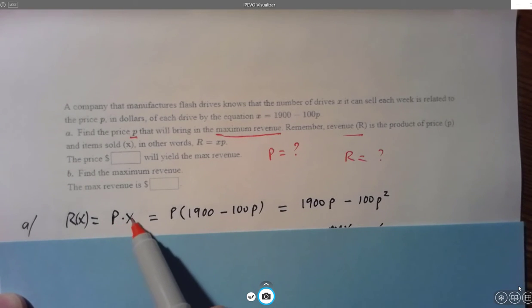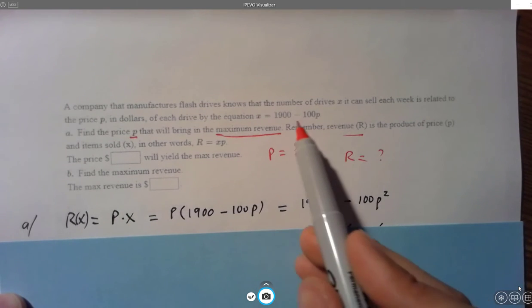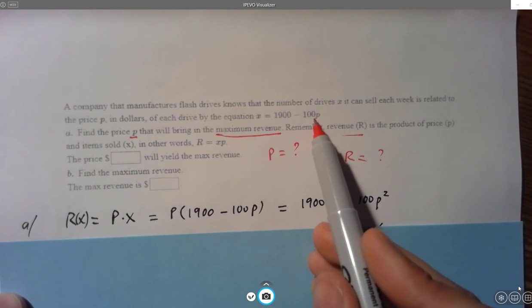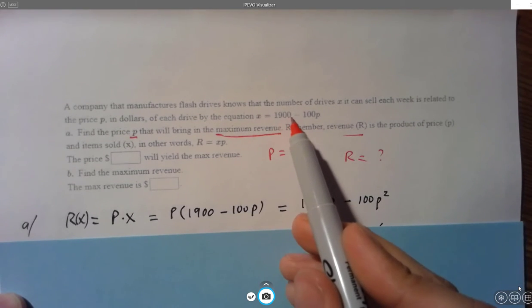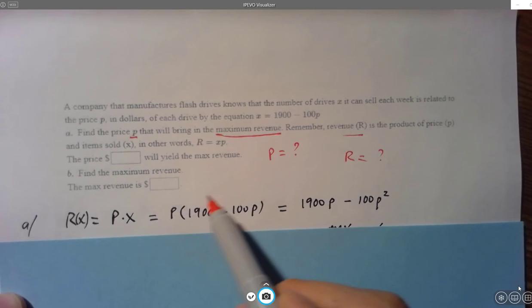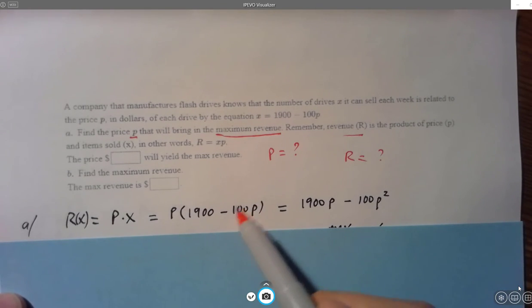We know that X is given as a function of the price P, so instead of writing X, you write 1900 minus 100P for X. You want to convert everything back to P, because you are solving for the value of the price P.